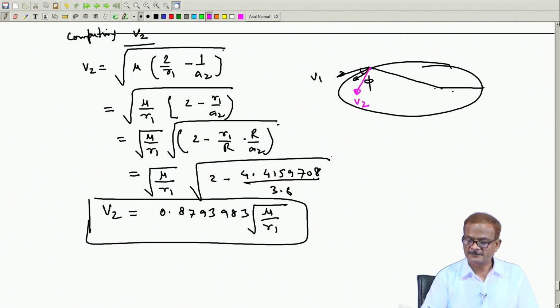Now, we have to calculate the flight path angle. The flight path angle will be calculated from this horizontal. So, this is your local horizontal, which is perpendicular to this. Then this angle will be phi 2 and this angle is your phi 1.